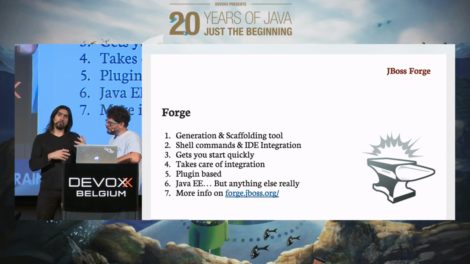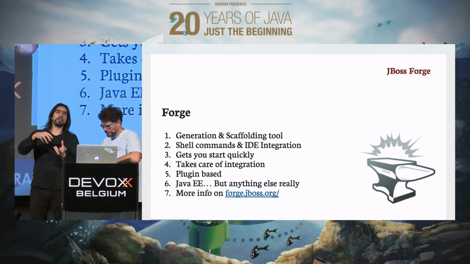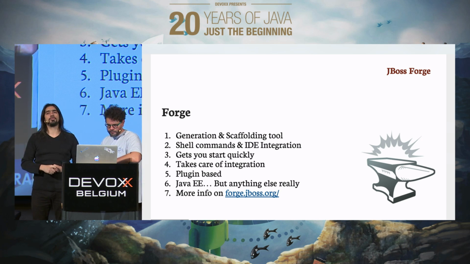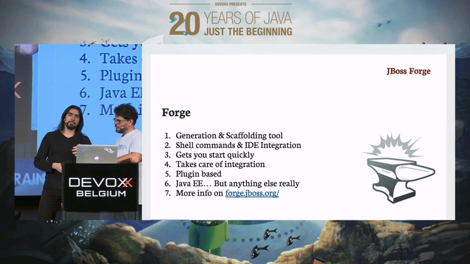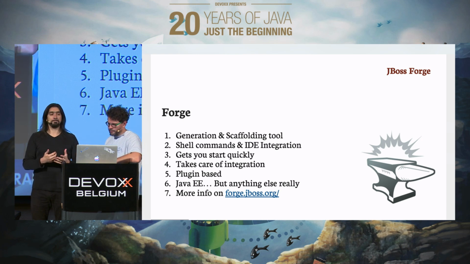Think of it as an engine, and the CLI, the command line interface, is just a plugin. You can also have a plugin for IntelliJ IDE, Eclipse, NetBeans, and that will help me start up this web app quickly.